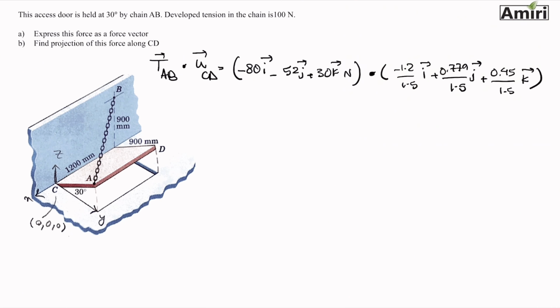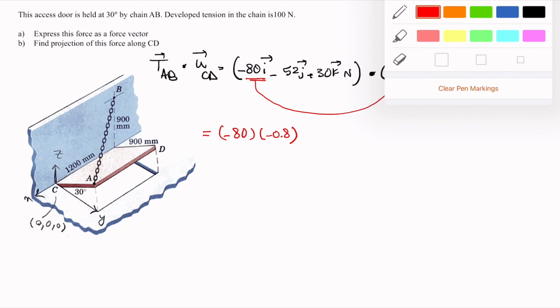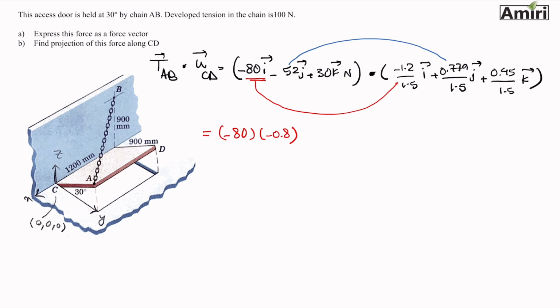So in order to do the dot product, you multiply this by this. Forget about the i's, j's, k's. So it's going to be minus 80 multiplied by 0.8. Then you do these two together, minus 52 multiplied by 519.